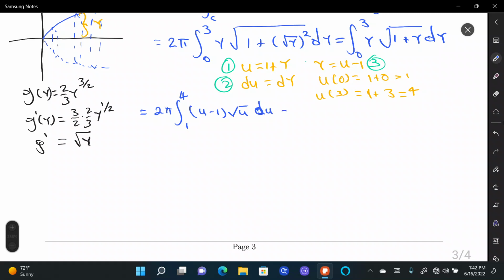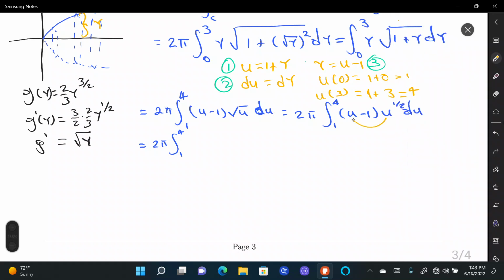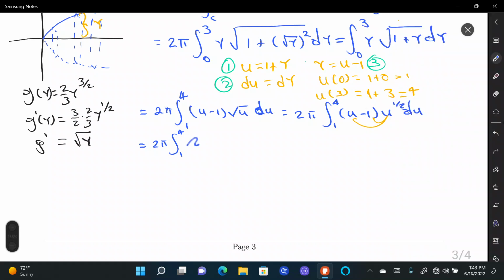Okay, so this is the same. 2 pi integral from 1 to 4 of u minus 1 times u to the 1/2 du. Let's use the distributive property here. 2 pi integral from 1 to 4, distribute. That's u to the 3/2 minus u to the 1/2.